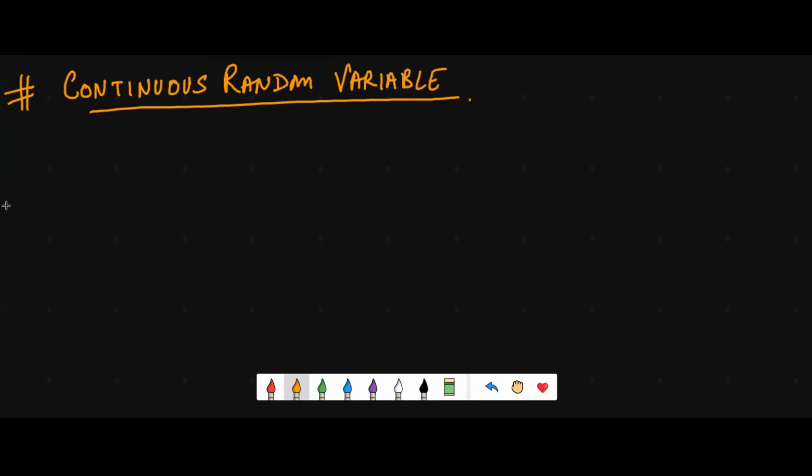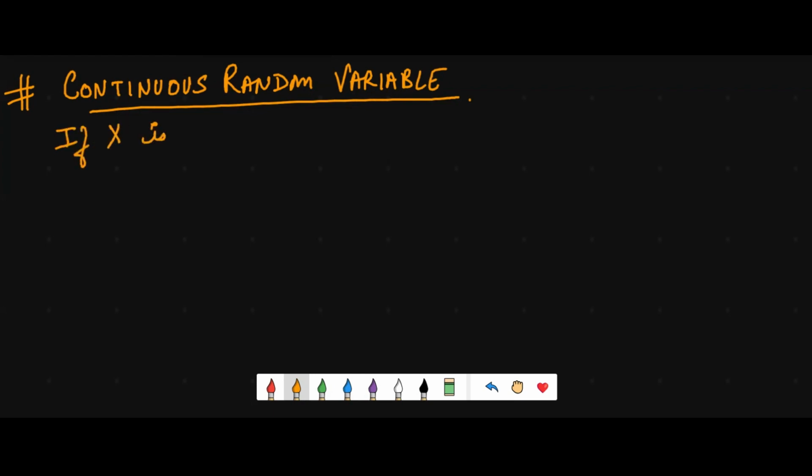So here we are talking about the decimal values as well, not only the definite values. So we have decimal values, the whole values and everything in the entire interval range. So those are known as the continuous random variables.